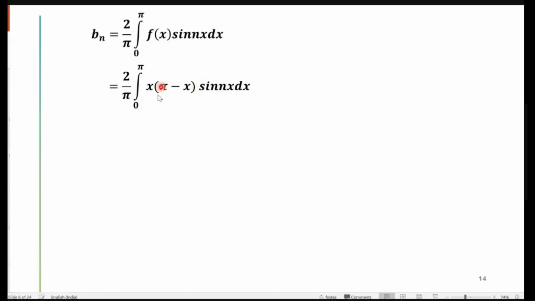So take x inside and treat this whole bracket term as an algebraic function. Take x inside the bracket of pi minus x and then take that whole function as u and sine function as v. We can write pi x minus x square into sine nx dx.